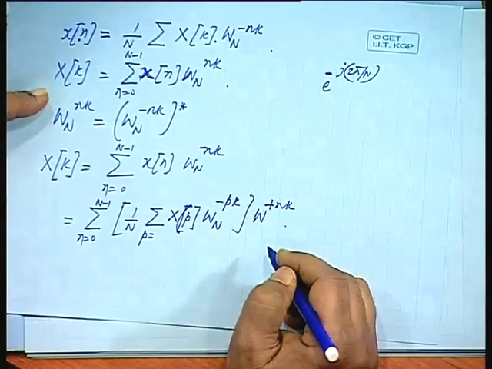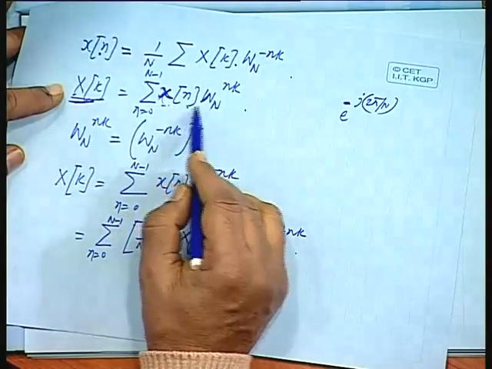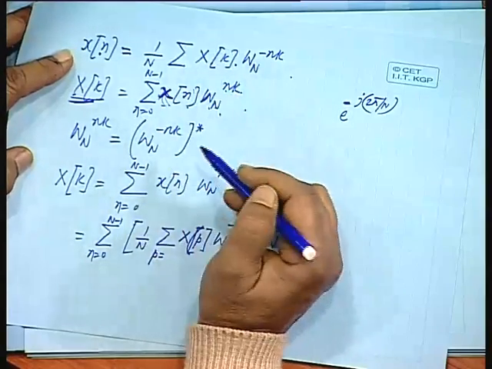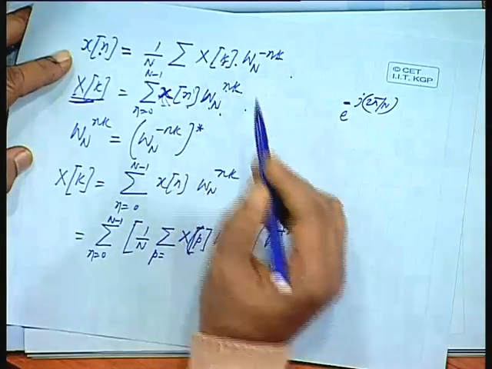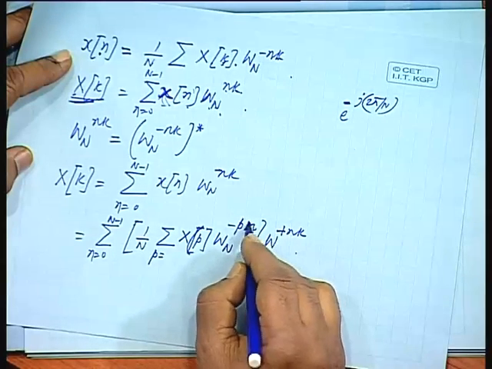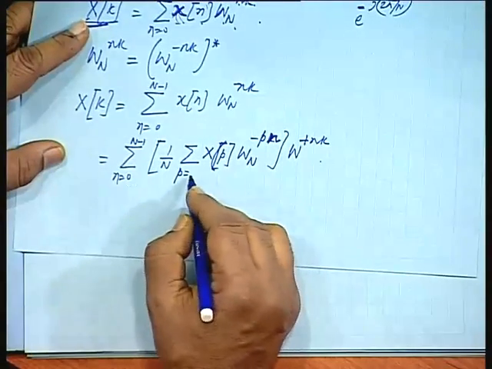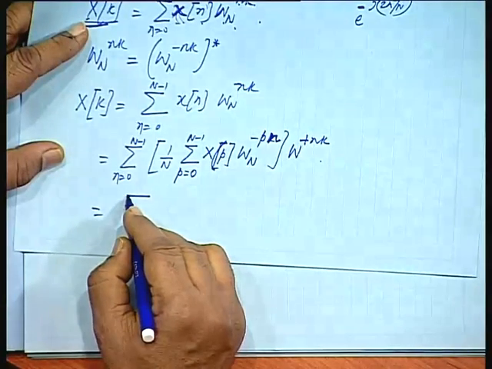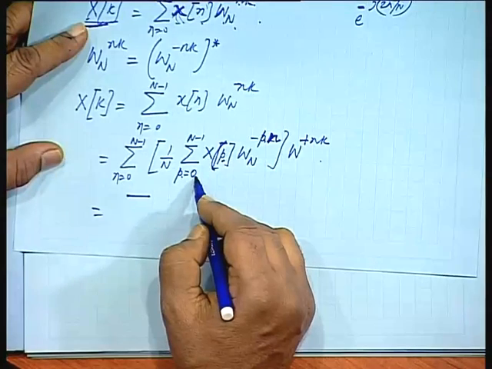Is that all right? I have started off with X[k] equal to the sum of x[n] W_N^(nk), and x[n] I can write in terms of this. I am not using the same variable k, since I can have any running variable, so I have taken p: X[p] W_N^(pn), and W_N^(nk), with p equal to 0 to N minus 1 without loss of generality. P is the running variable, summed over the range 0 to N minus 1.